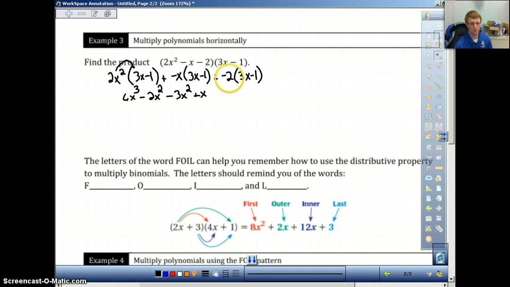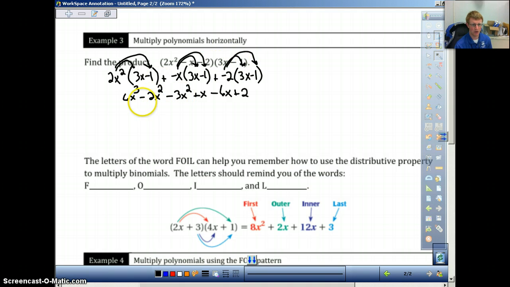And then we have negative 2 times 3x is negative 6x. And then we have negative 2 times negative 1 is a positive 2. So again, all we did was multiply through each one of these. Just distributing. But to set it up, we take each term and multiply it by the entire second.